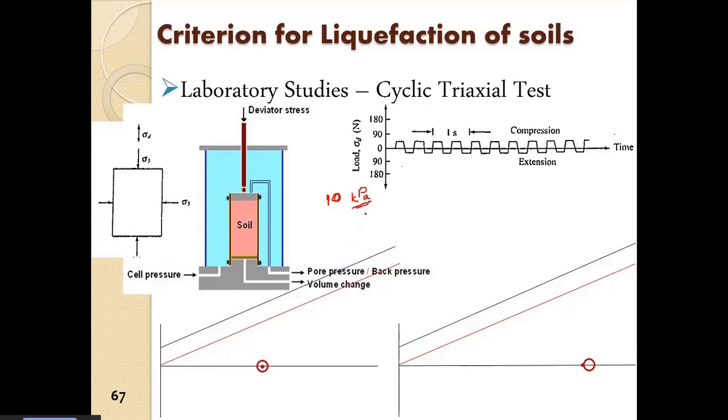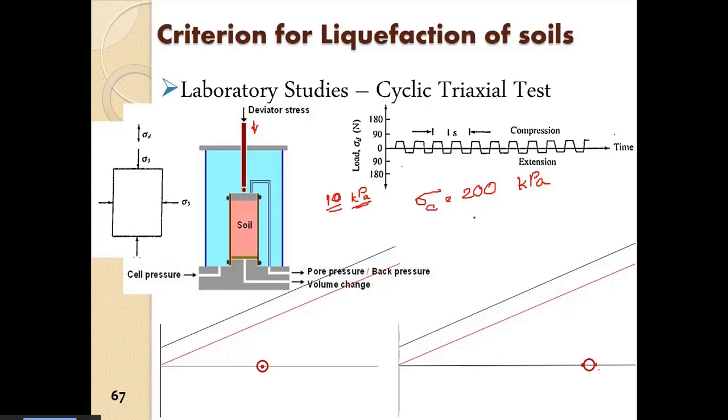All right, that is this deviator stress. Sigma C was 200 kPa, so it went up to 210 kPa. Sorry, so this is 210 kPa.